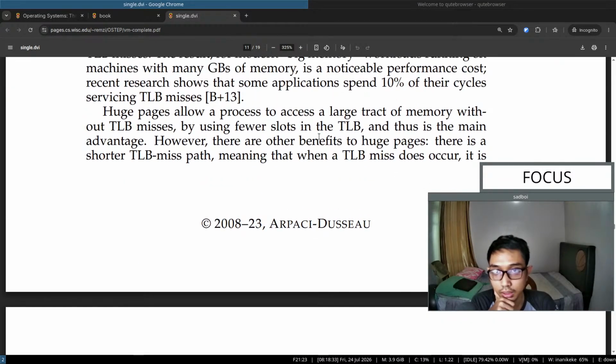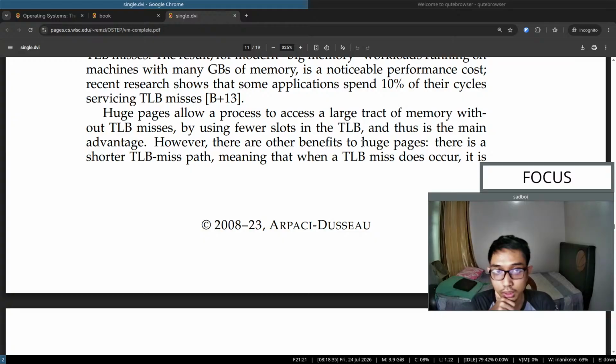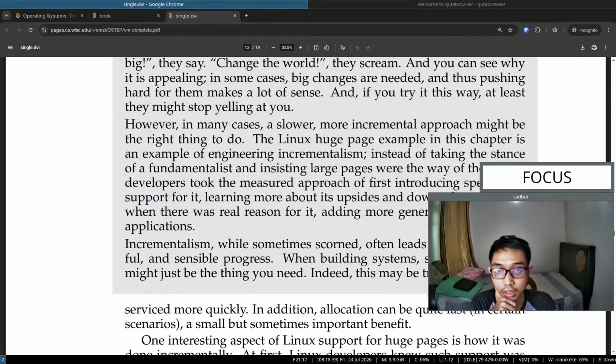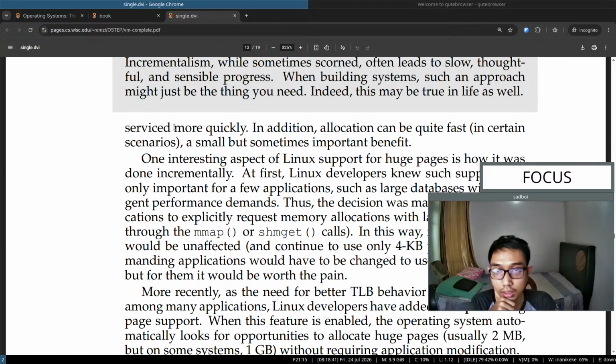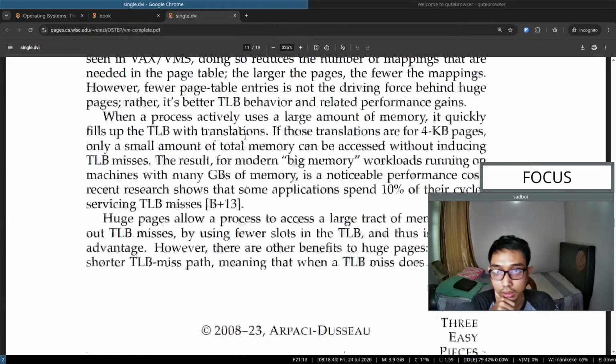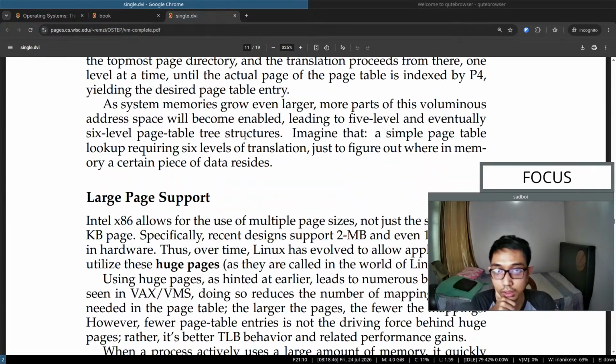Right. I assume by increasing the page size, it becomes quicker because we don't have a lot of translation process, maybe something like that.